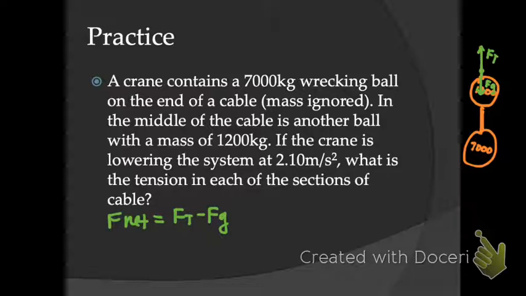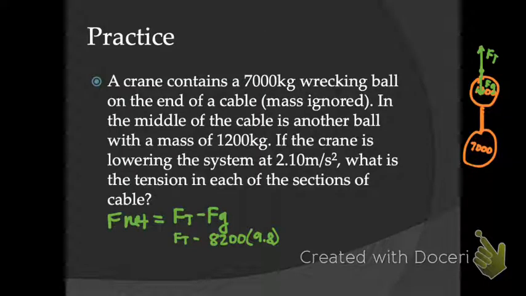So in this system, looking at the top cable, how much mass are we really talking about? Are we just talking about 1,200 kilograms? We're talking about 1,200 plus 7,000. So Fg is really 8,200 times 9.8. Ft is what we're solving for.